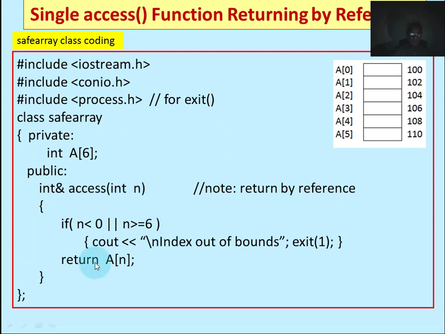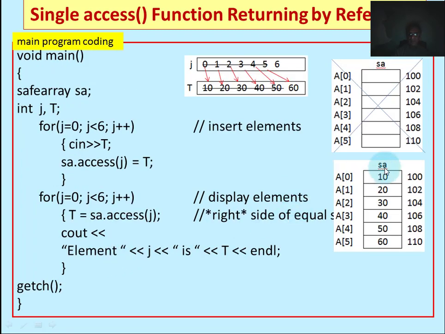If it belongs to the bound, it will return not the memory value at the location of a of 0, but the address of that location. What is the address of that a of 0 memory location? The address is 100. 100 will be returned here.